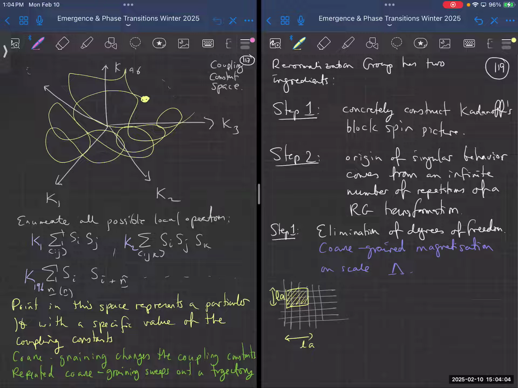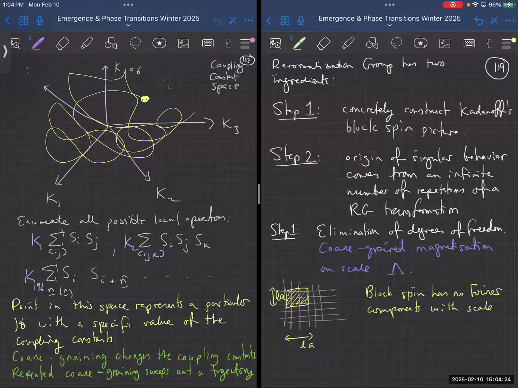This block spin has no Fourier components with wave number k greater than the coarse graining scale lambda. So I've got my coarse graining scale lambda, which is L over a.